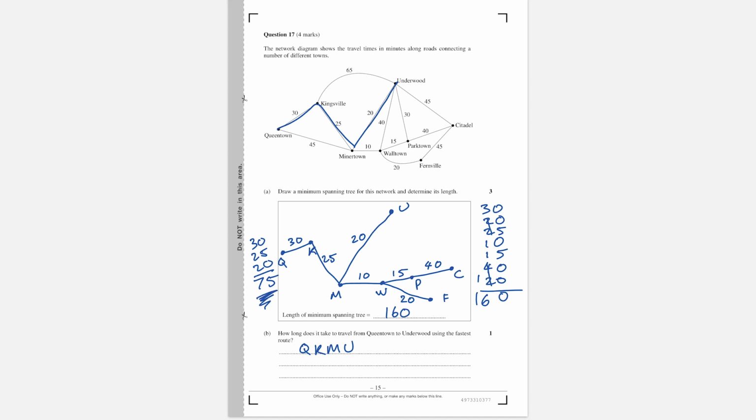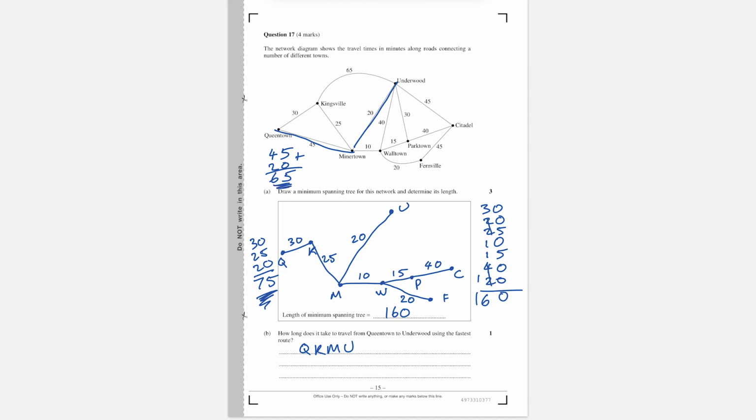So we want to look at this diagram at the top, and we can find a quicker route to get there. And so the answer is, instead of going via Kingsville, what we can do is go like this, and then that route is going to be 45 plus 20. So 5, 4 plus 2 is 6. 65 is smaller than 75.